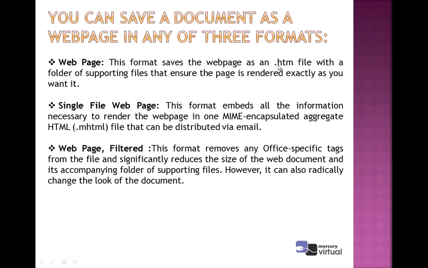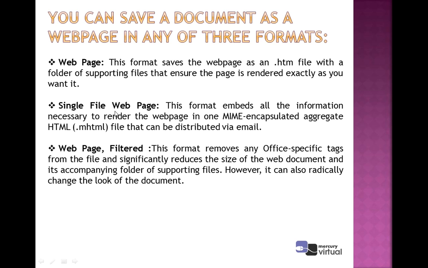This format saves the web page as an .html file, that is, a hypertext markup file, with a folder of supporting files that ensures the page is rendered exactly as you want it. Means pages are rendered in the same position that you want.